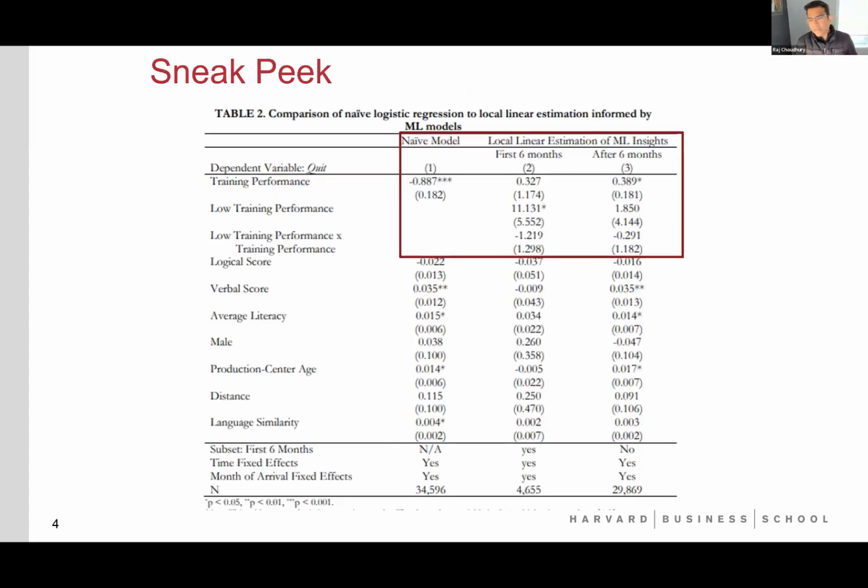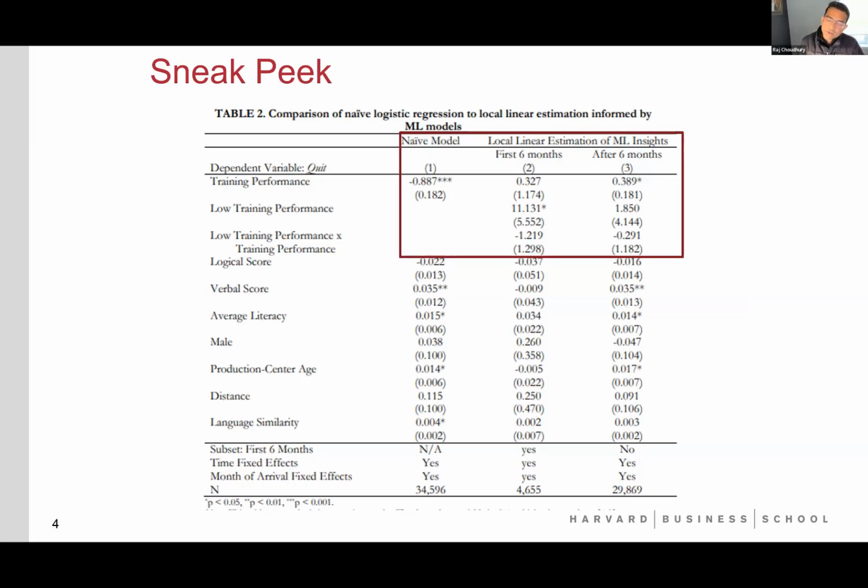So I'll probably come back to this table at the end. This is the study that we use in the SMJ paper to motivate these methods. It is a study of attrition, of turnover of employees in a large firm.